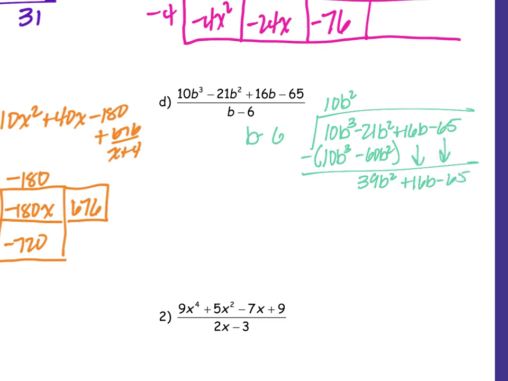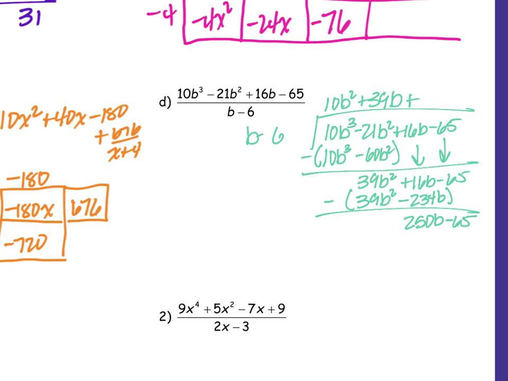And then I need to multiply by 39b, so that gives me 39b squared minus 234b. Subtract that, and that gives me 250b minus 65.